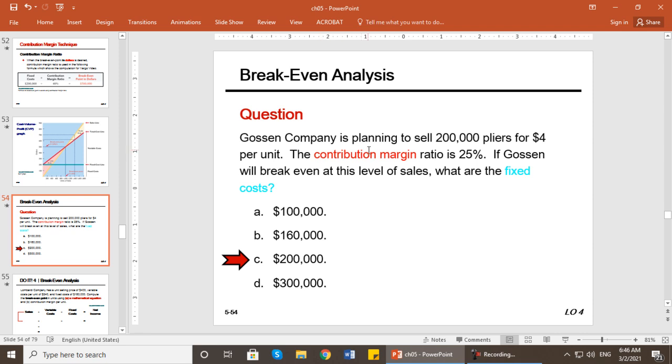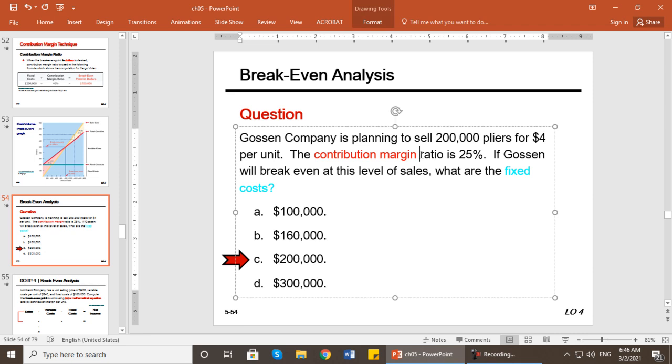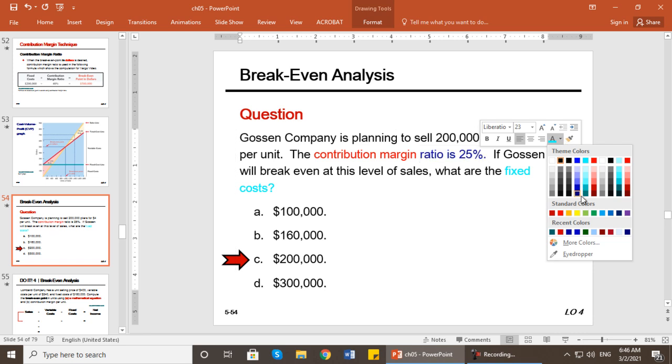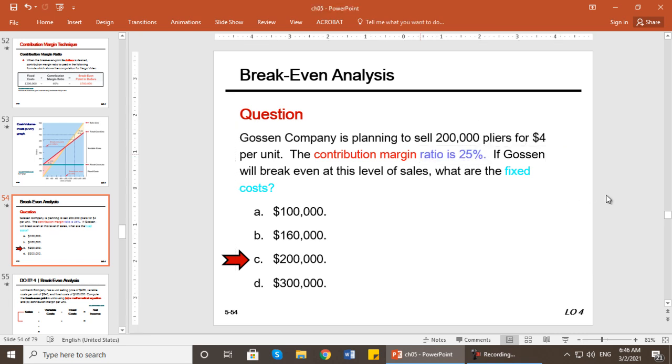The contribution margin ratio is 25%. If G will break even at this level of sales, what are the fixed costs?